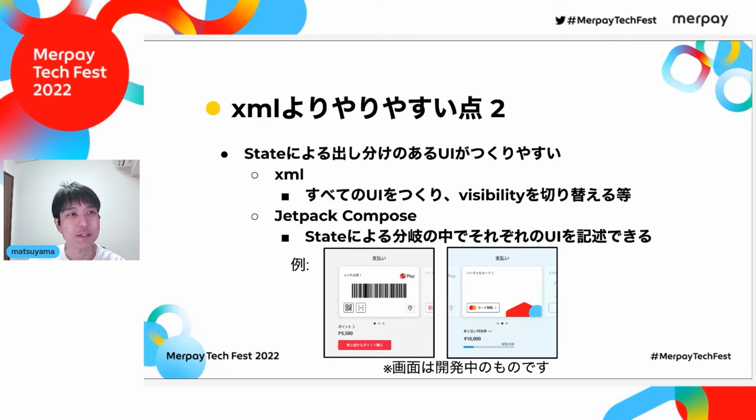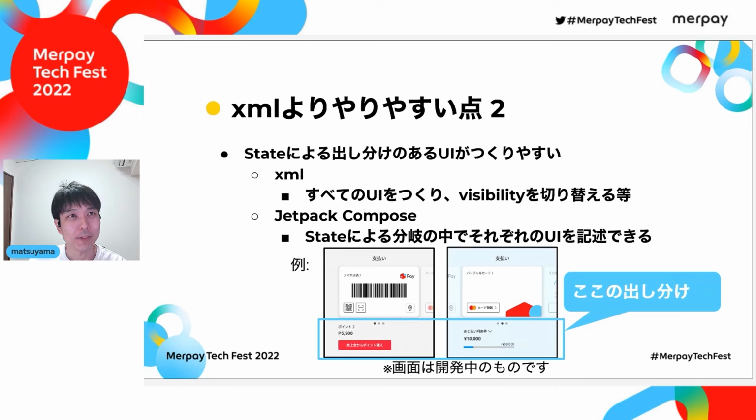I brought a part of the new UI that is under development for the Merpay tab. This square is switched by switching the card above the square. So the display switches in this way. In this kind of case, each pattern of UI is described in XML, and the visibility is switched between visible and gone. That was one of the possible cases.